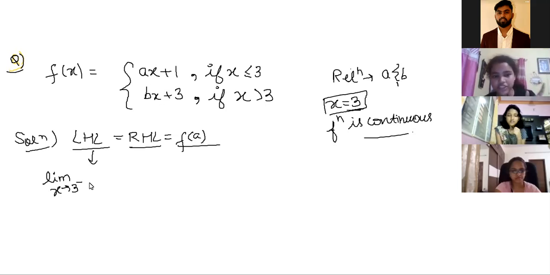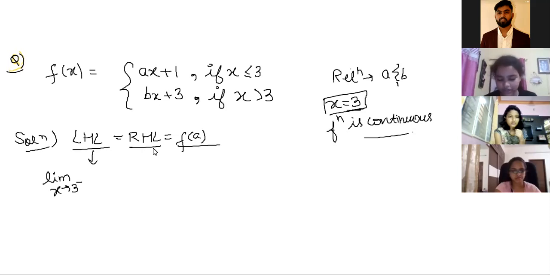So which function among these two, ax plus 1 and bx plus 3, which function I will write over here in LHL? Ax plus 1. Yes, and why? Because that is greater. Okay, so you said right, we'll write ax plus 1 only.